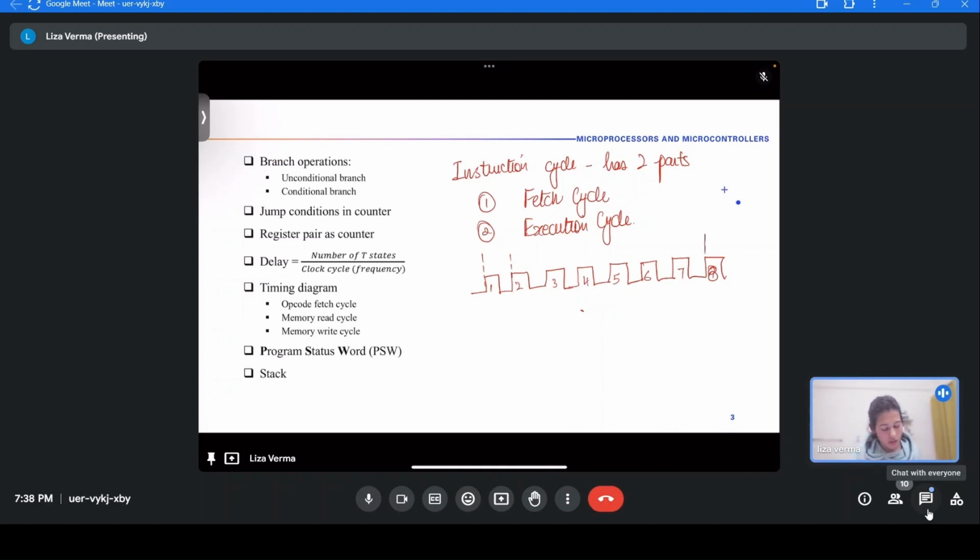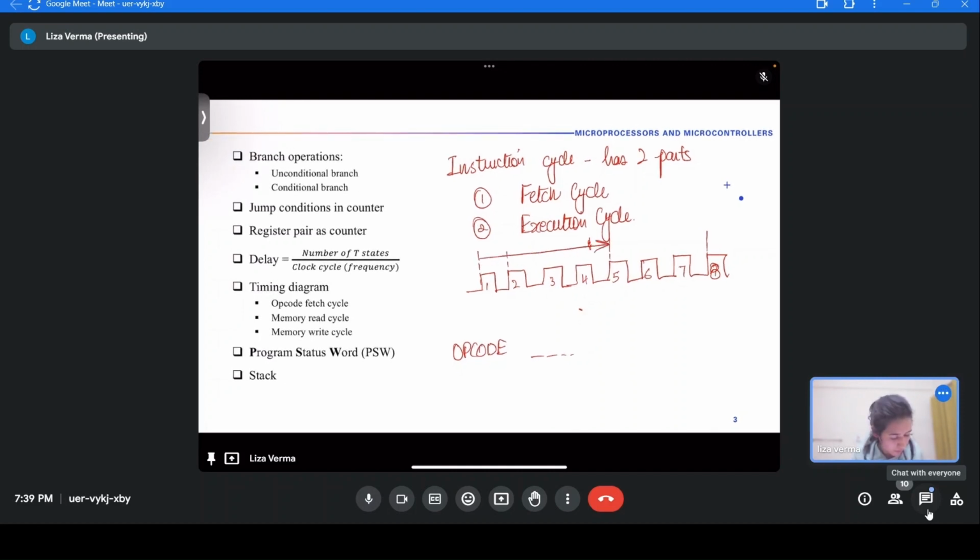Okay, so let's say you have an instruction. Let's start with an example, or take a general instruction cycle. What will happen in an instruction cycle? You'll have an opcode, and then you'll have some operand, right? So what will happen in the first four T states? The first four T states are called the first machine cycle.